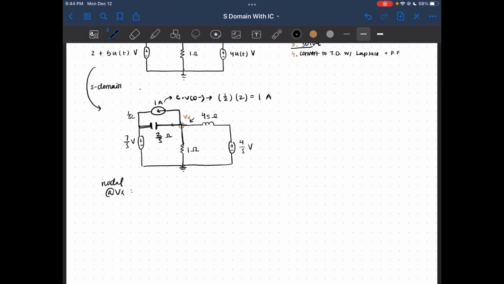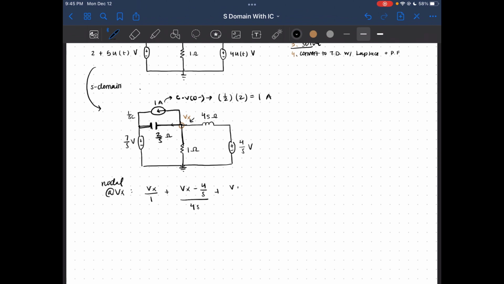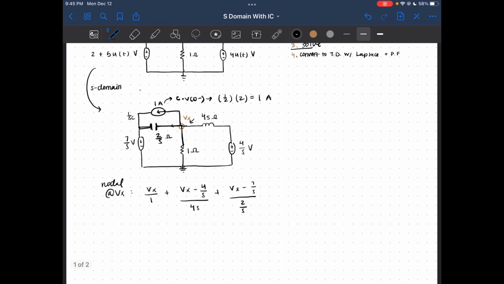So first, we have V of x over 1, our impedance is just the 1 resistor, plus Vx minus 4 over S, all over our impedance of 4S, plus Vx minus 7 over S, all over our impedance of 2 over S. And then for this right here, we can see that the current is going with the flow, so therefore we will have a positive 1 for the current, and this will all equal 0.